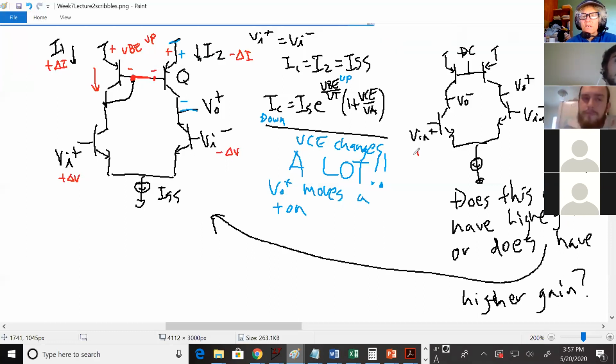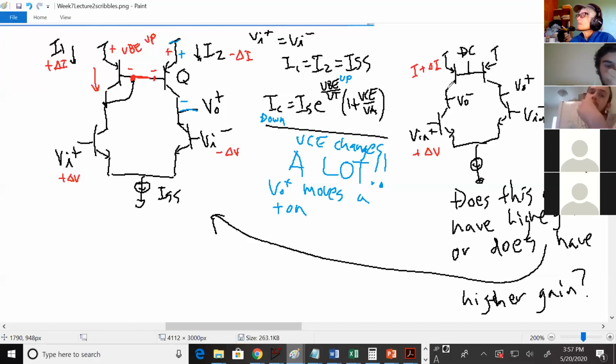Let's do a plus delta V. And you know what happens to the current now? So current went up. This side still has to accommodate that bigger current.